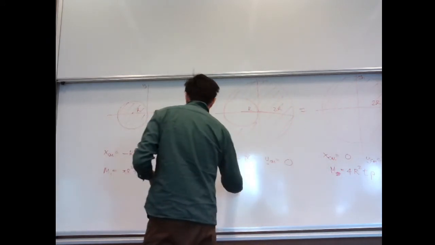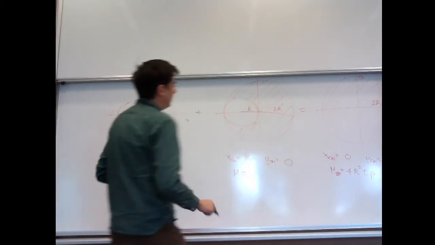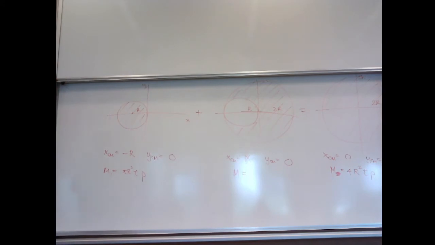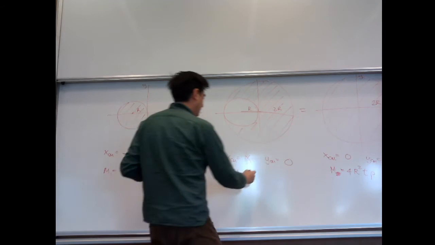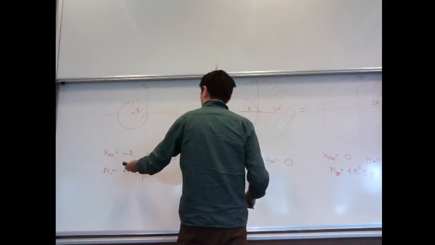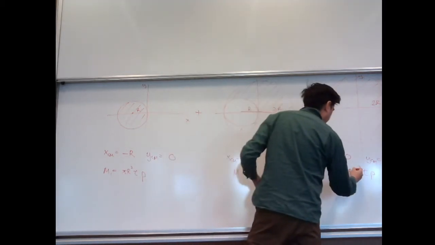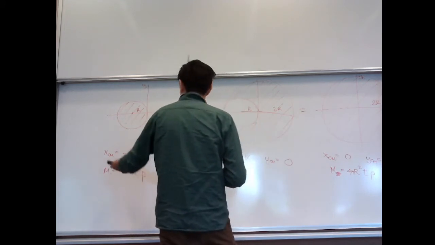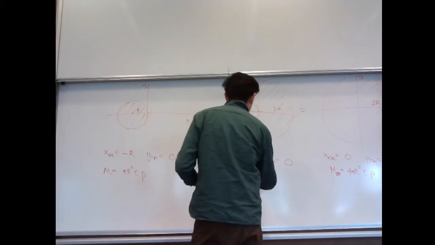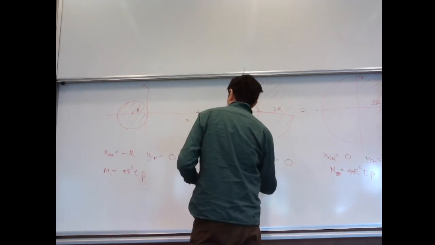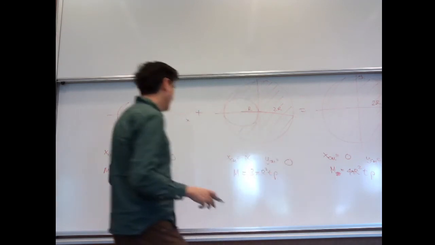Okay, and then this one, the mass obviously has to be the difference of these two, yeah? So that's 4 pi r squared t, this is pi r squared t, so this is going to be 3 pi r squared t, okay?